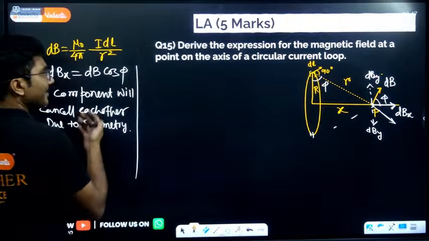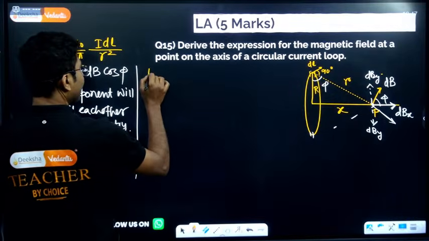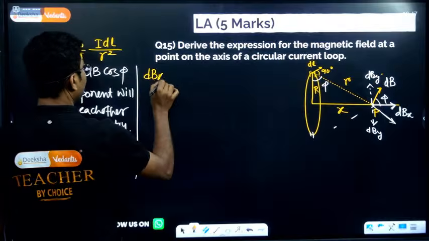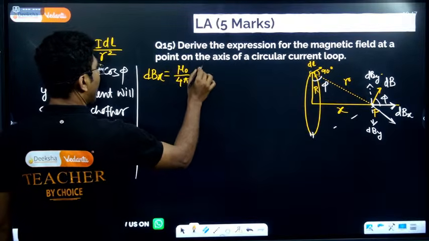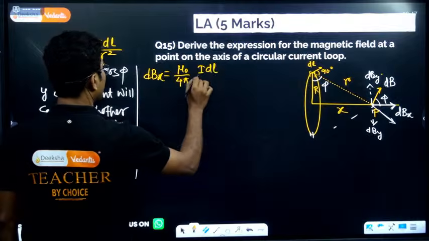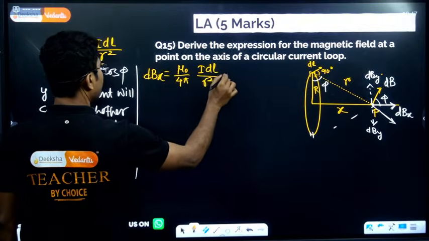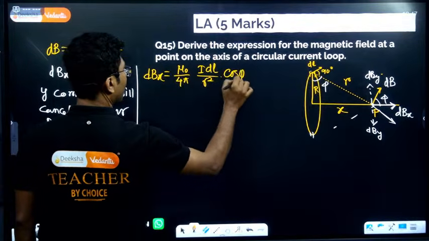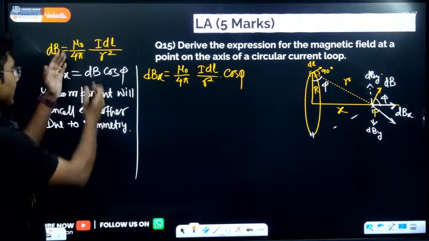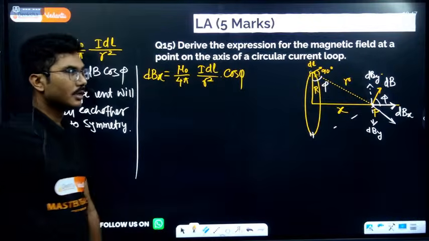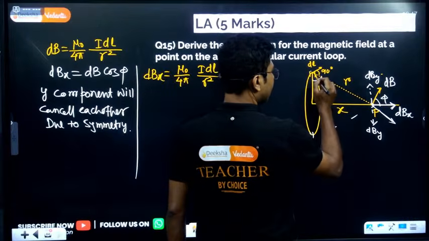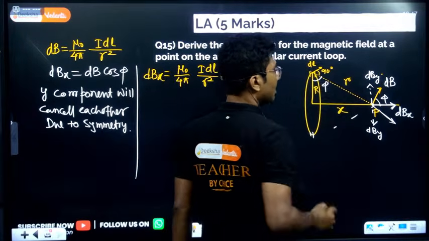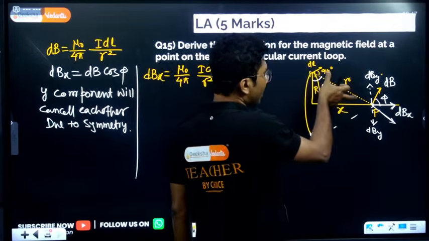How to find dBx? We write dBx equals mu naught by 4 pi I dl upon r square into cos phi, obviously dB into cos phi. Now what is cos phi? If you check this diagram, cos phi is base upon hypotenuse.